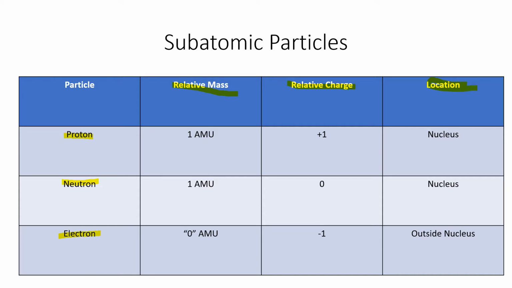So we're going to start with relative mass. Now, the reason why we're dealing with relative mass instead of the actual mass is because of the very, very small scale that we're operating on. We could write the actual mass of a proton in grams or kilograms or milligrams.